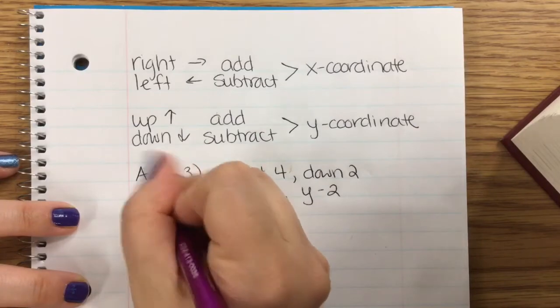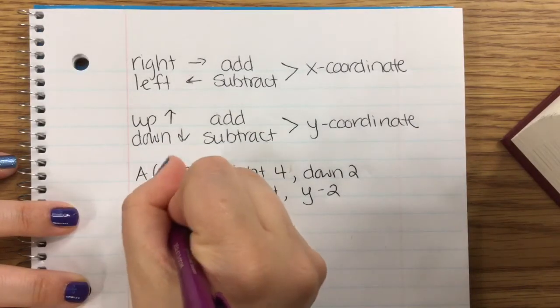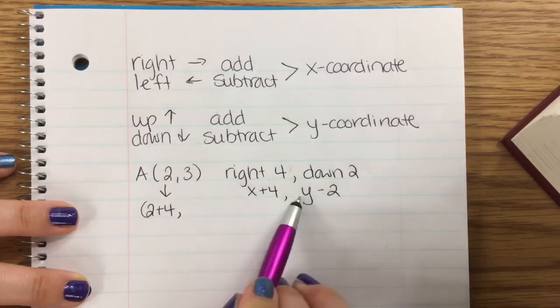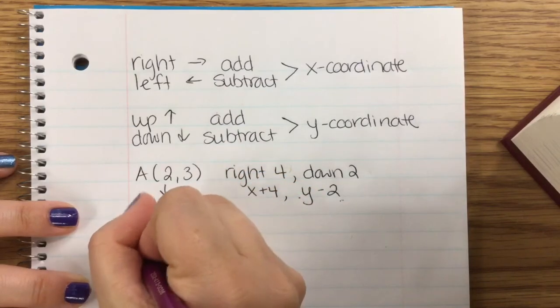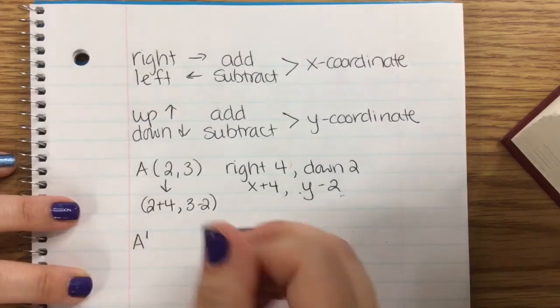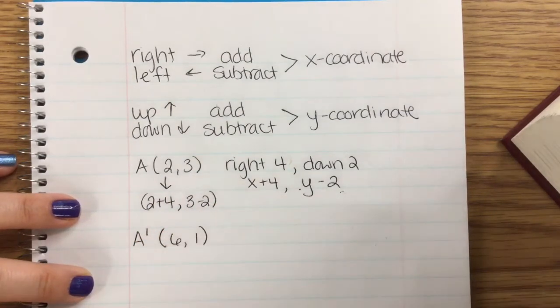So in this case, our x is 2, so we're going to do 2 plus 4. And then our y coordinate was 3, so we're going to do 3 minus 2. So the translated point, A prime, remember we need the prime, is going to be 6, 1.